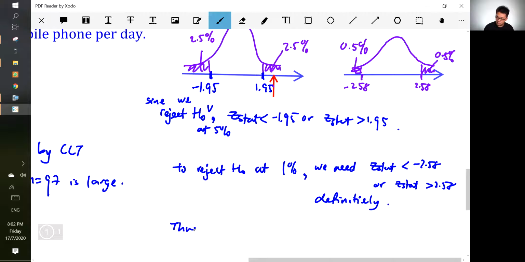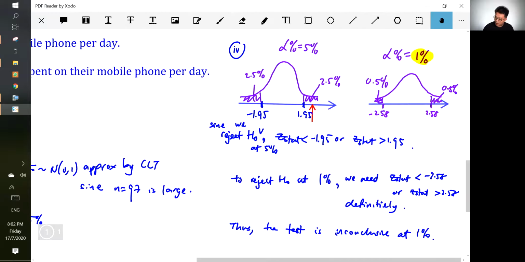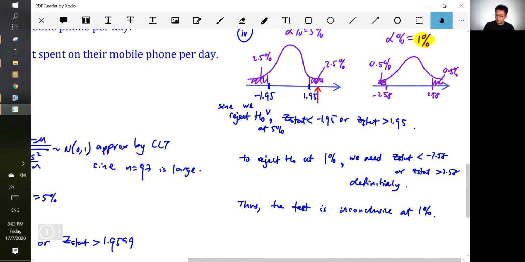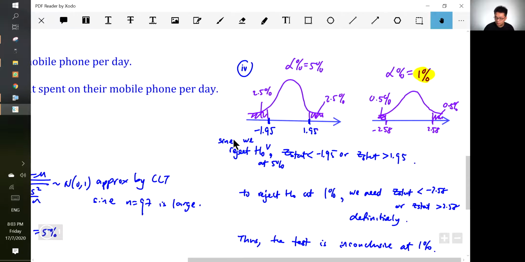Thus, the test is inconclusive at 1%. You cannot tell whether Z stat is, because for all you know, Z stat can be 1.96, and 1.96 at a 1% level test will not reject, so it's about here. So that's how you write if you want to use the Z stat way.